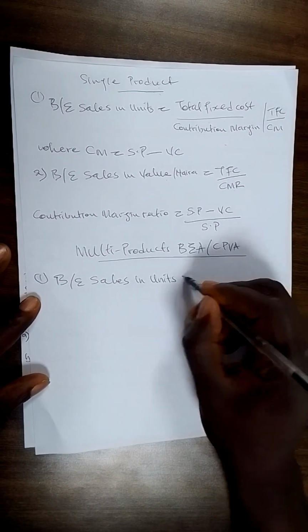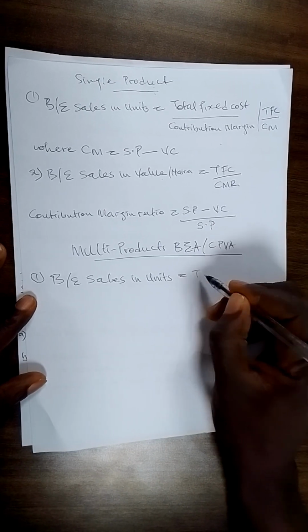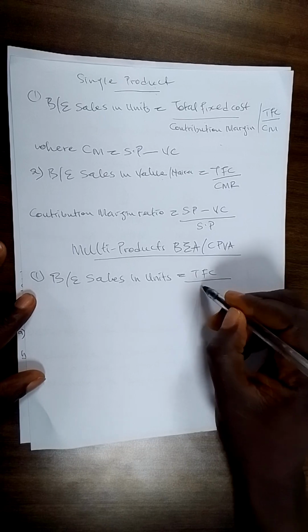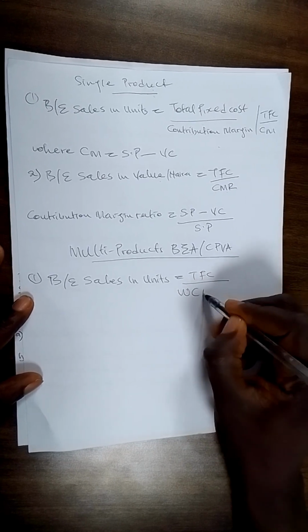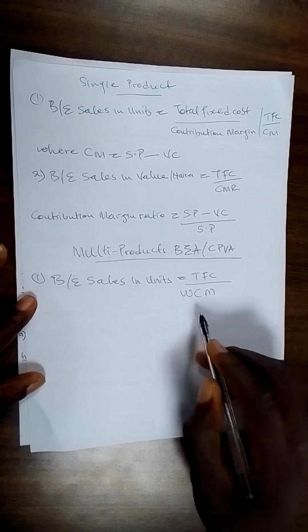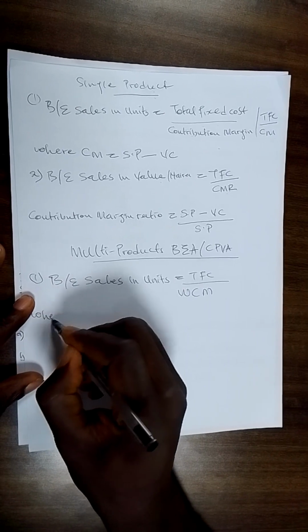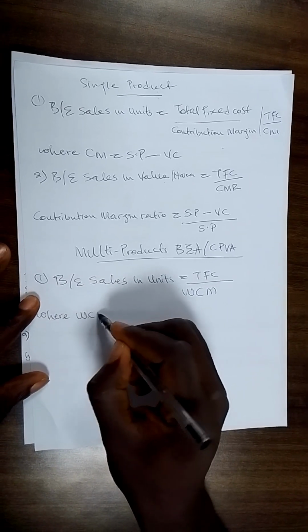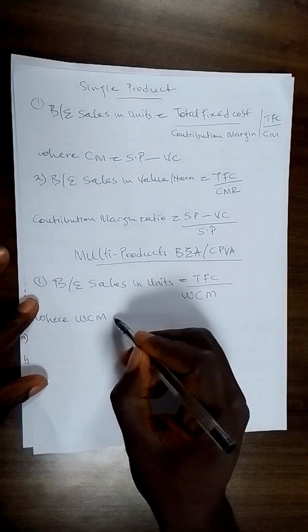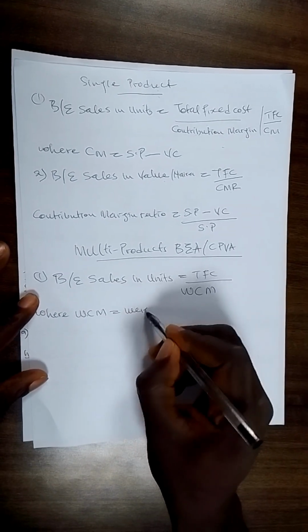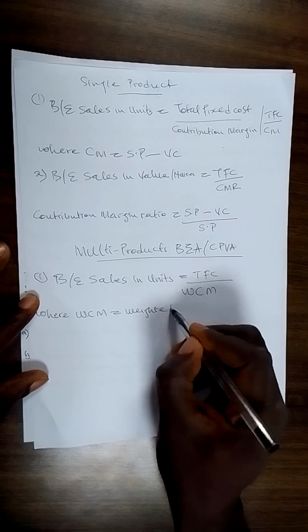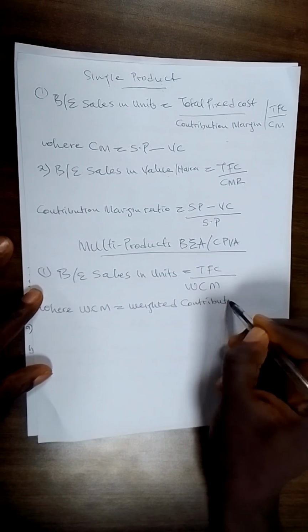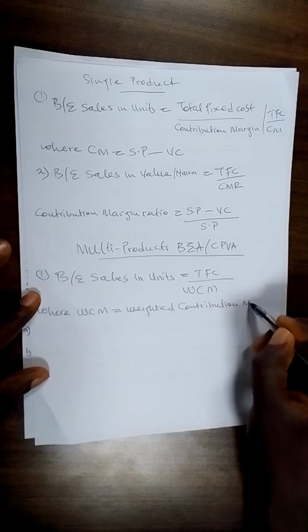So here we have the same total fixed cost all over WCM, where WCM is the weighted contribution margin.